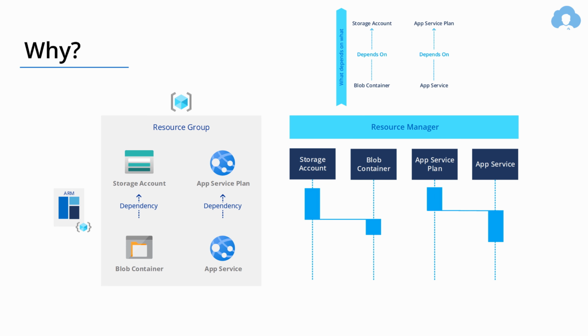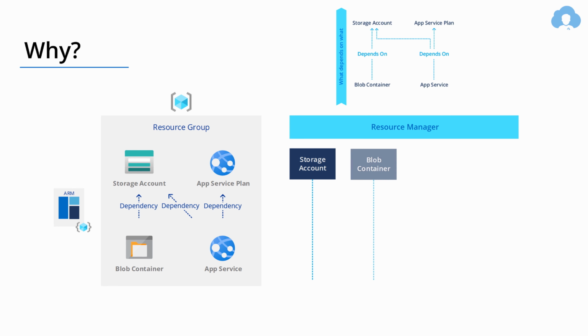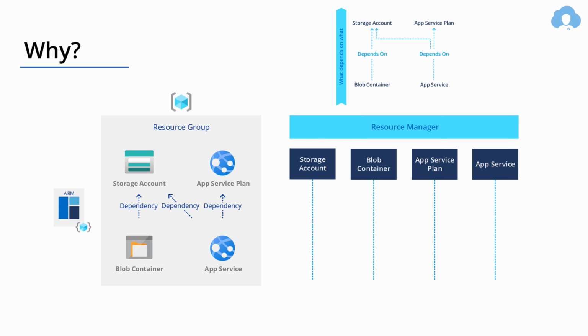So far so good, but what would happen if your app service plan would want to pull information from the storage account? You can actually create additional dependencies between those 2 resources. In which case, again, Resource Manager will want to deploy all the services at the same time. It will want to create a storage account and app service plan first because all the other resources are dependent on those 2.